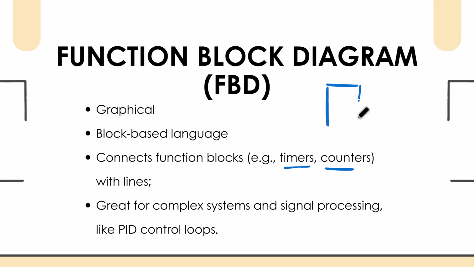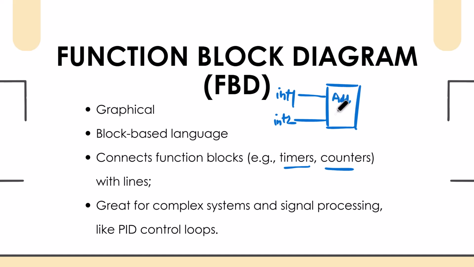For example, if we want to add 2 integers, this is integer 1 and this is integer 2, so we will interface these signals to the input of the function block, which has, for example, the addition of 2 integers.